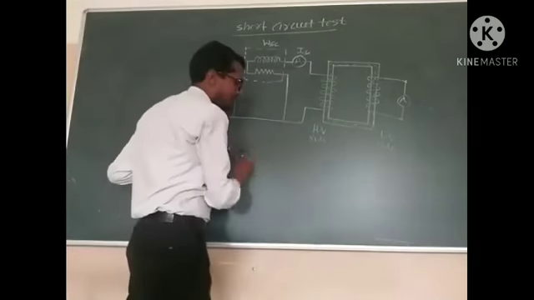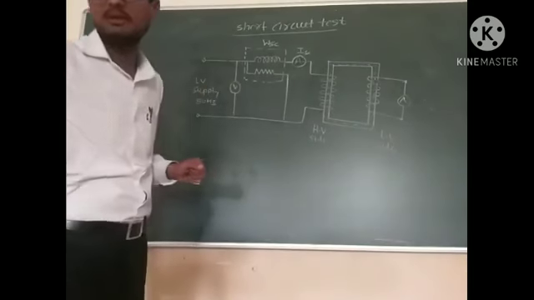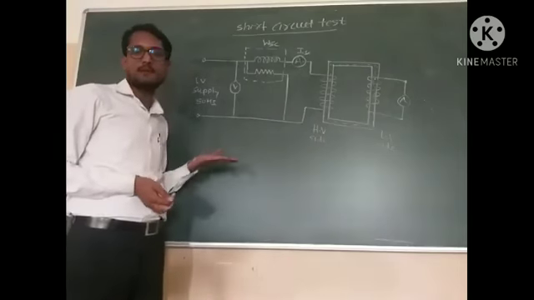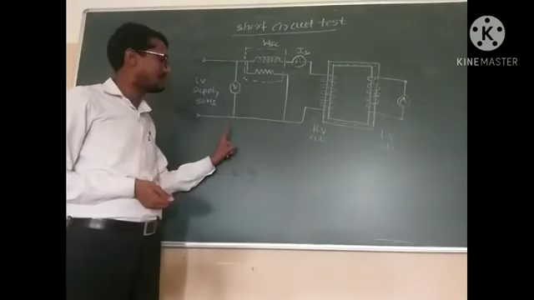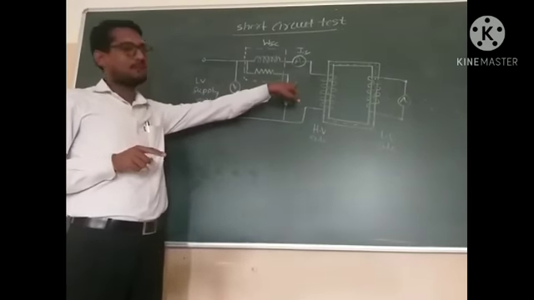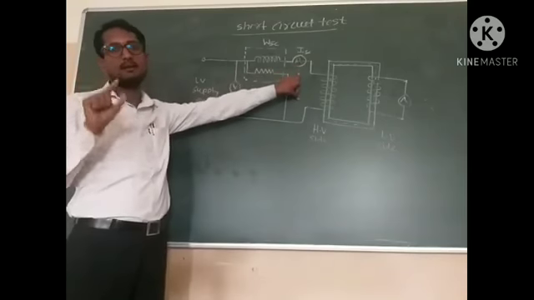After applying the initial voltage from the supply side, we have to increase the voltage level slightly, till the ammeter measures the full load rated current.